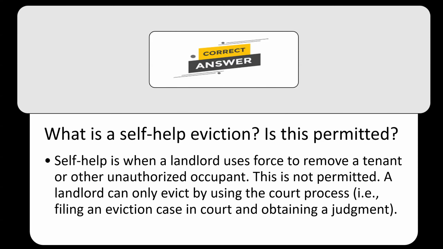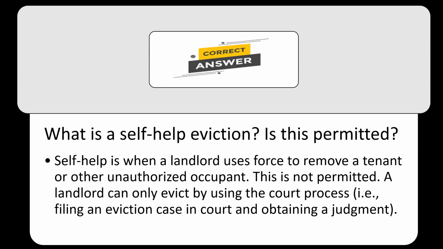So to conclude, answering our questions, what is a self-help eviction? Self-help is when a landlord uses force to remove a tenant or other unauthorized occupant. Is this permitted? This is not permitted. A landlord can only evict using the court process, namely filing an eviction case in court and obtaining a judgment.